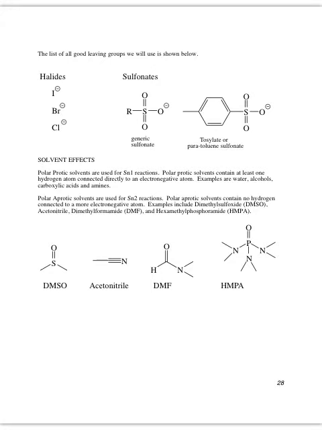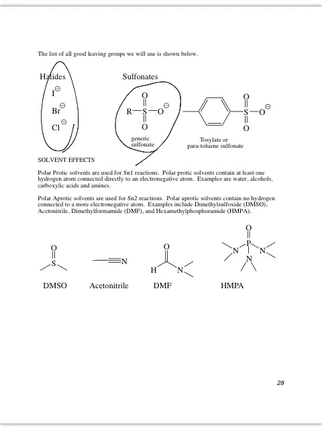Here are some examples. We have the nice easy ones, the halides, and then some other ones that we'll talk about, the sulfonates. Here's a generic structure of a sulfonate. And then we have the tosylate, which is a para-toluenesulfonate. They are weak bases because we can draw a bunch of resonance structures for them to stabilize that negative charge, moving it around.